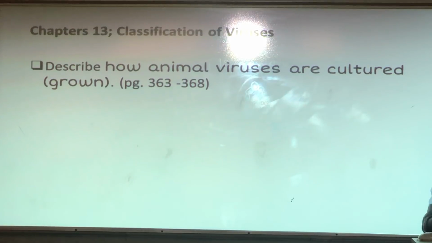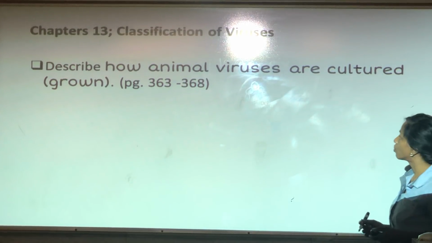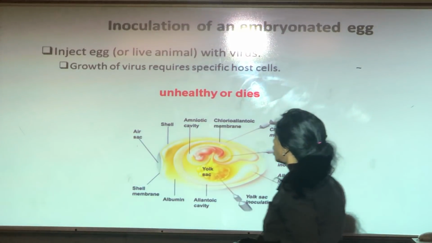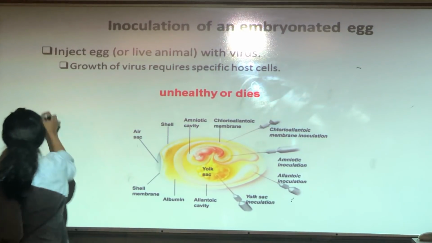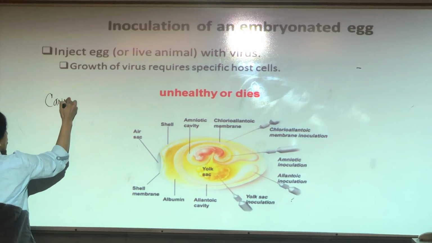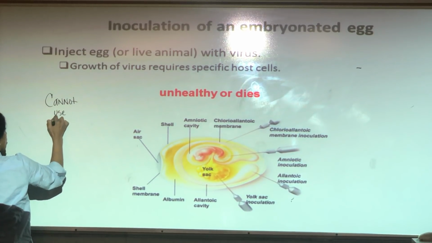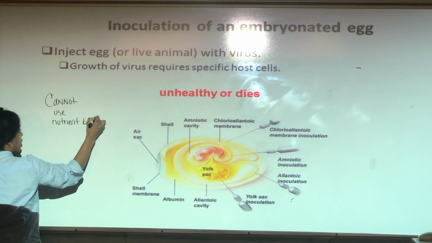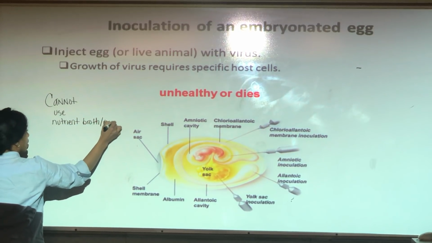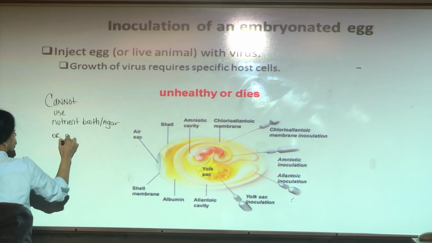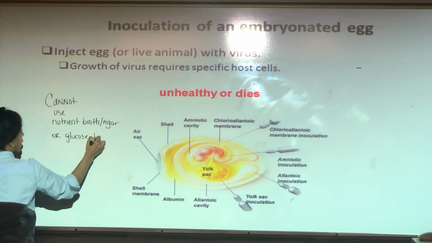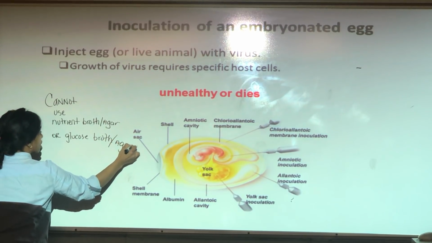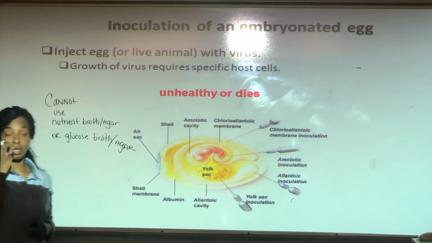Now we're going to talk about how animal viruses are grown. How do we grow them in the laboratory? For one, we cannot use nutrient agar, broth or agar, or glucose broth or agar, which we discussed in growing bacterial cells.